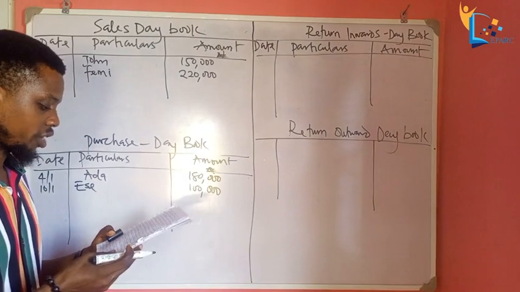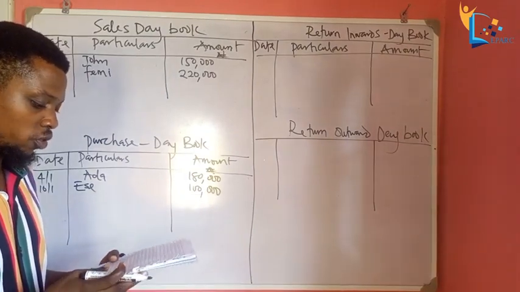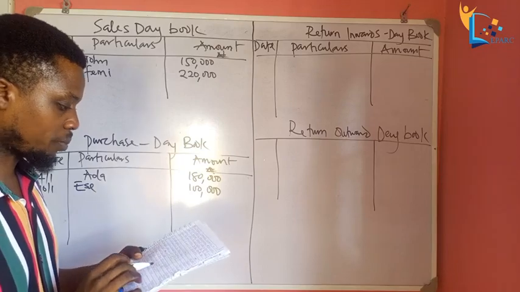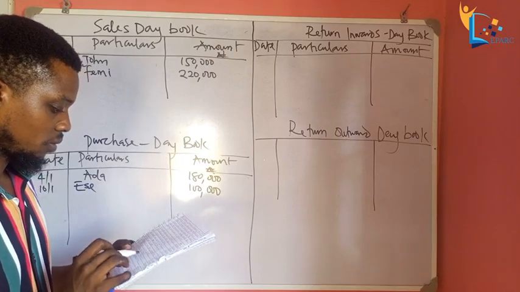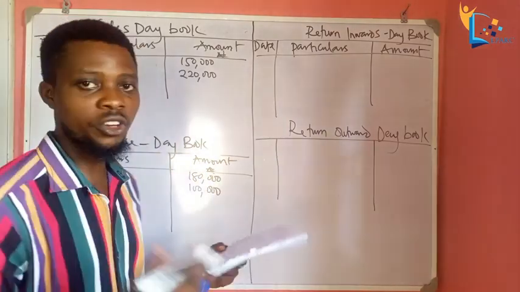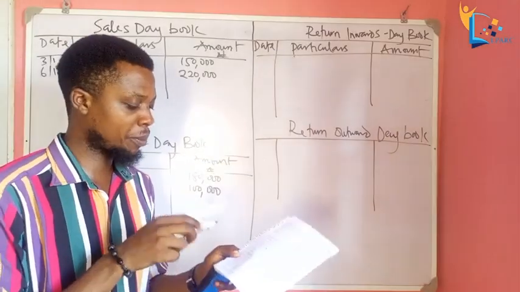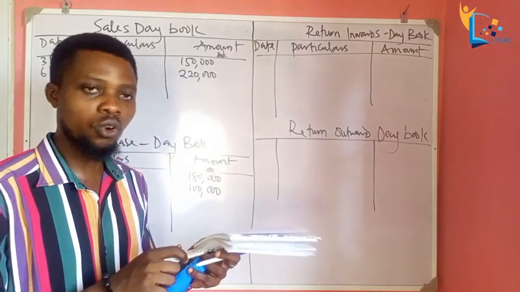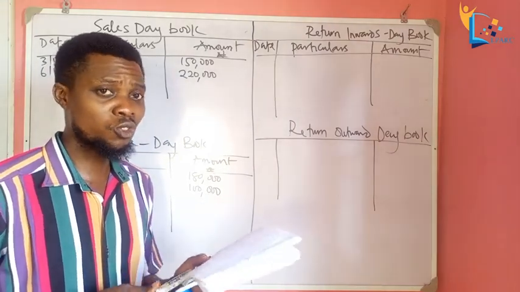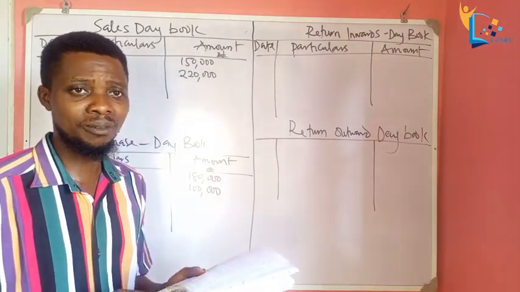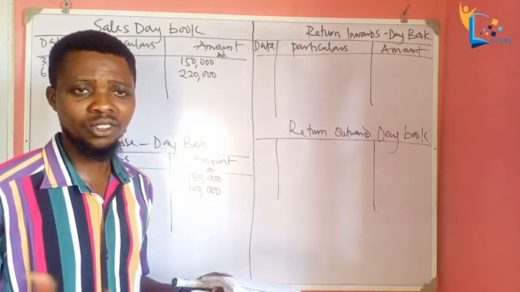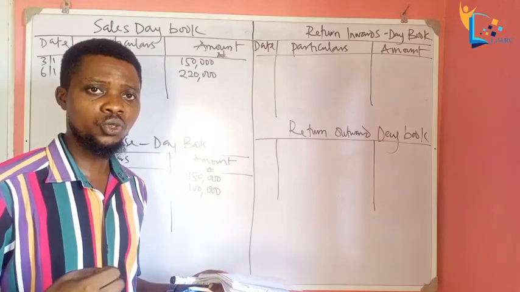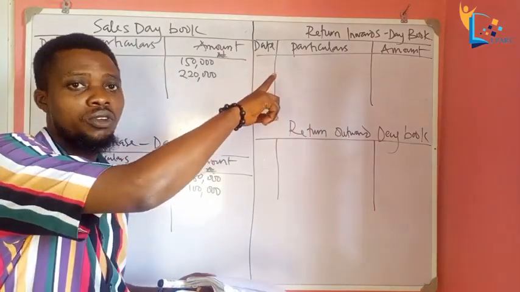Goods returned by John on the 11th. Return inwards is when your customers, people you sell to, return some goods, maybe because some of them are bad. It's recorded under return inwards.